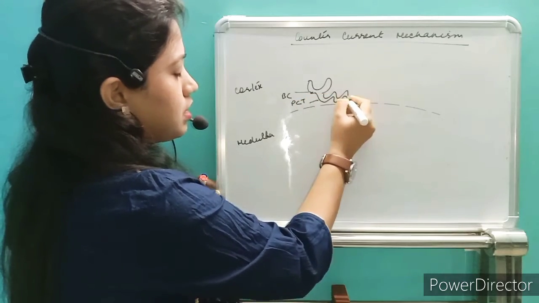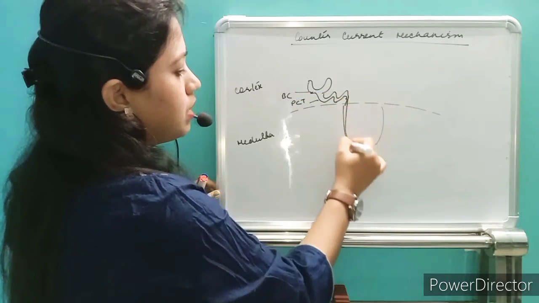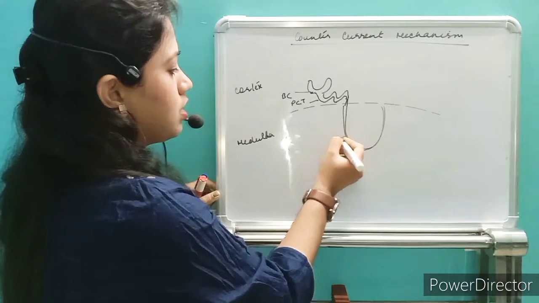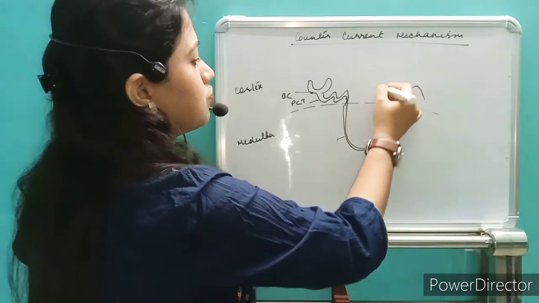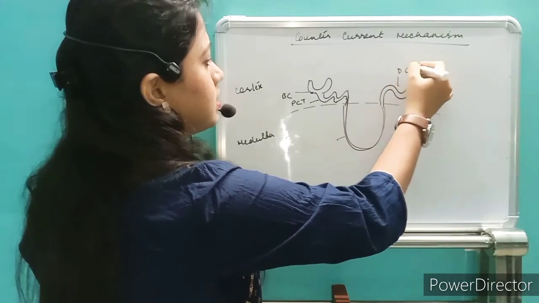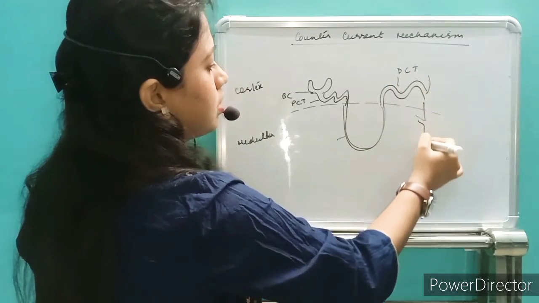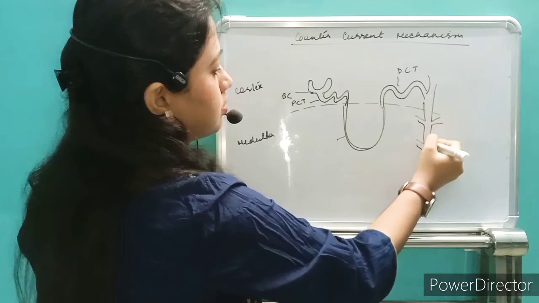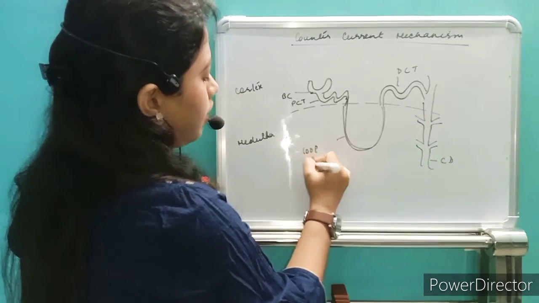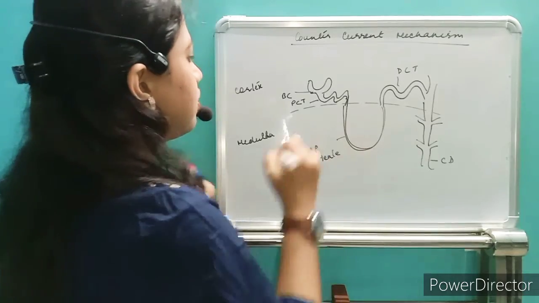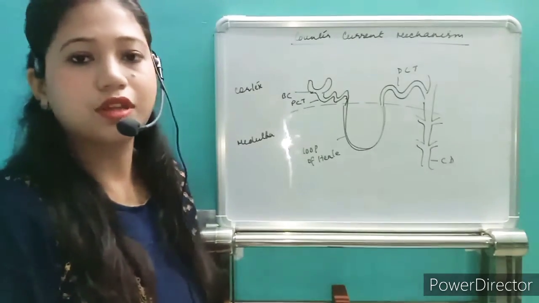Then after that, this part will be the loop of Henle. This is the descending loop of Henle, this is the ascending loop of Henle. This will be the DCT, and this will be the collecting duct. So this will be the structure of the nephron.